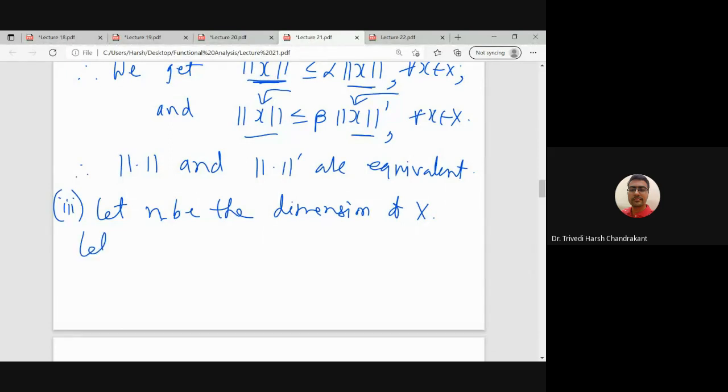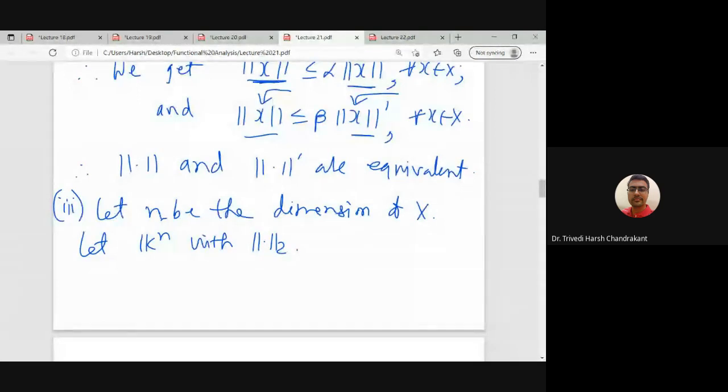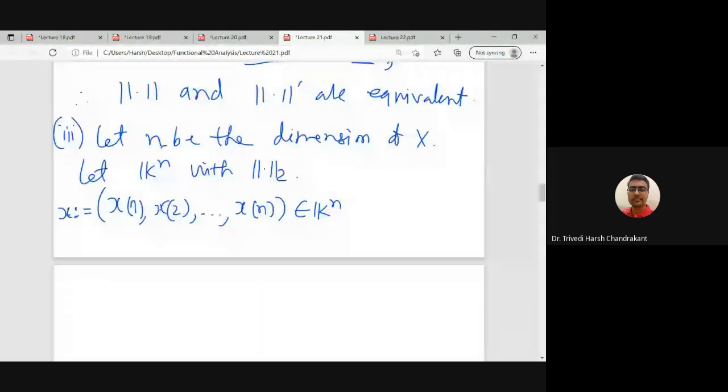So let Kn be with the 2 norm. Right. So 2 norm means we know that whenever we have x1, x2, ..., xn, elements of Kn, so this x is an element of Kn.